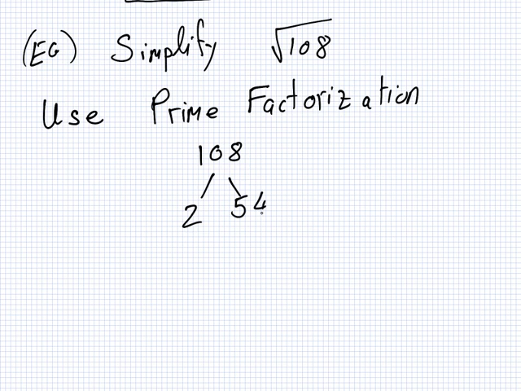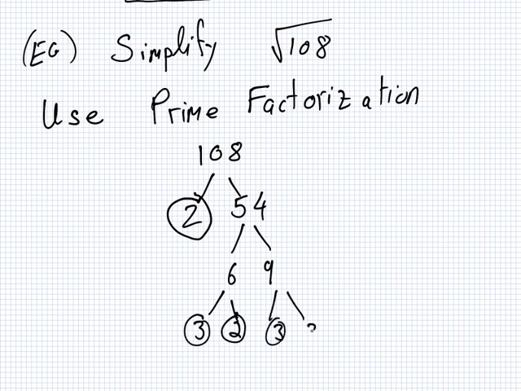Now we cannot continue with 2, because the only things that make 2 are 1 and 2, so we have to stop there. 54 we can continue: let's do 6 and 9. We can continue with both. 6 is 2 and 3, and we stop there. And 9 is 3 and 3.